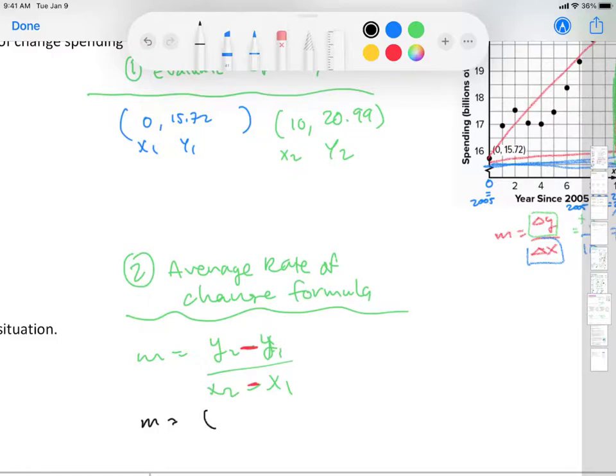M equals my y2 value is 20.99. My y1 value is 15.72. x2 value is 10. Make your substitutions in parentheses and 0. So if you go ahead and subtract those, don't feel bad to use a calculator.